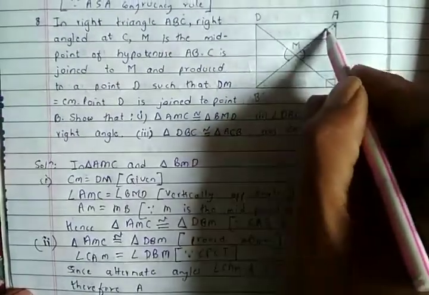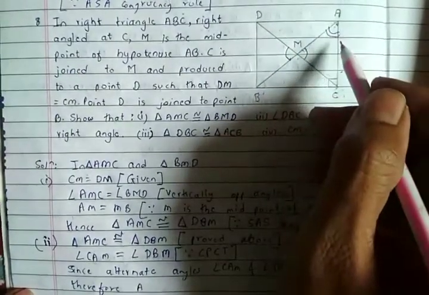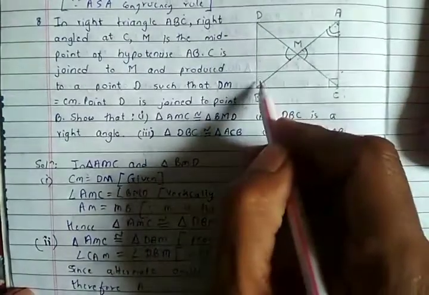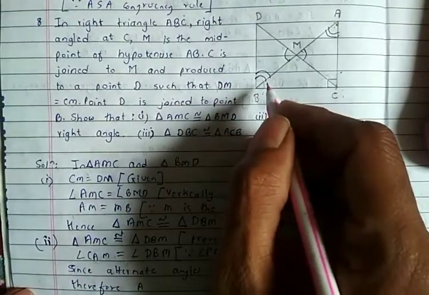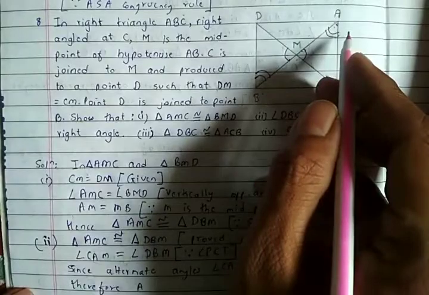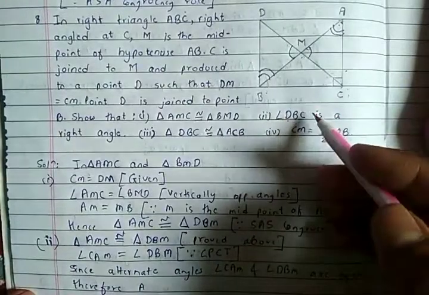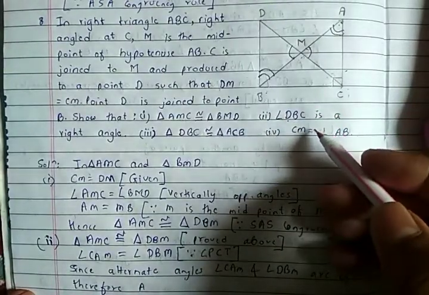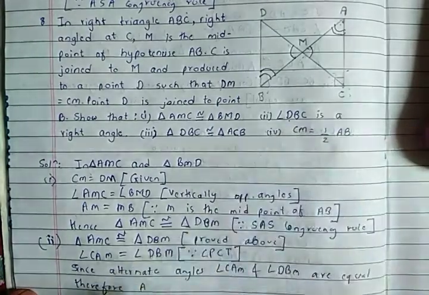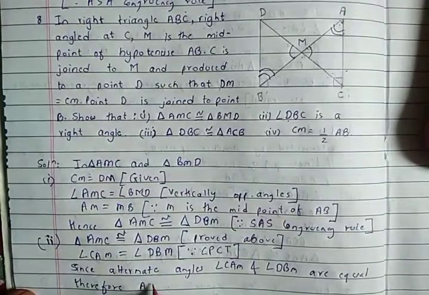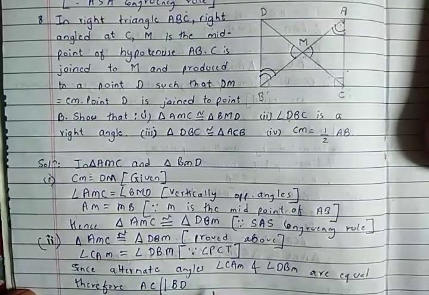This CAM is equal to DBM, right? You know these corresponding angles and alternate angles, right? You know all these, we have studied in the earlier chapter. Therefore AC will be parallel to BD, right?